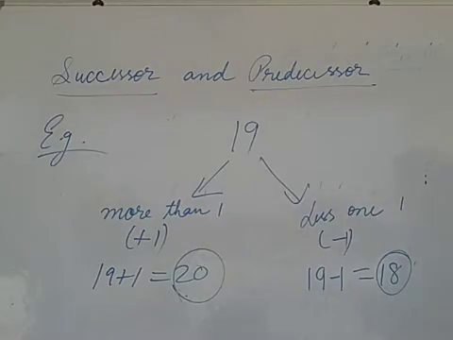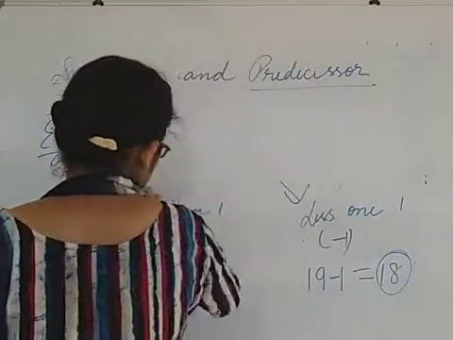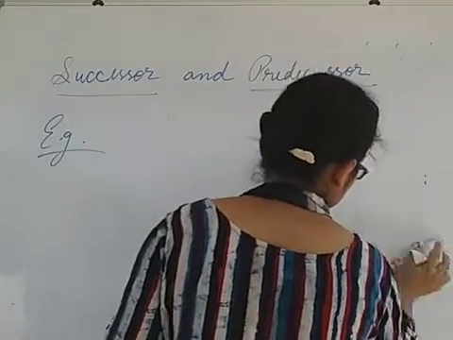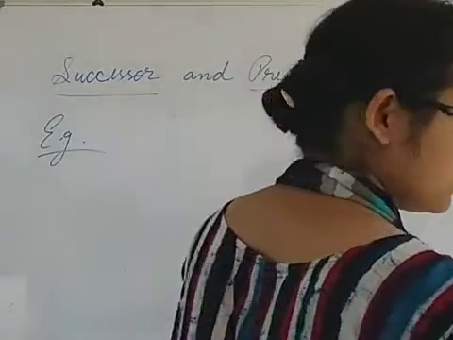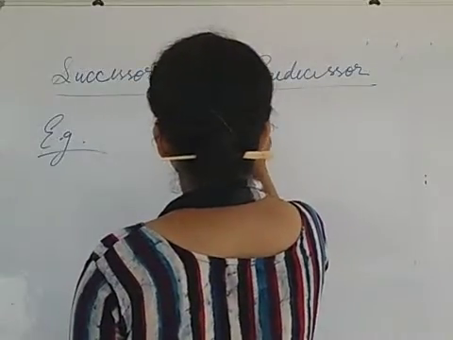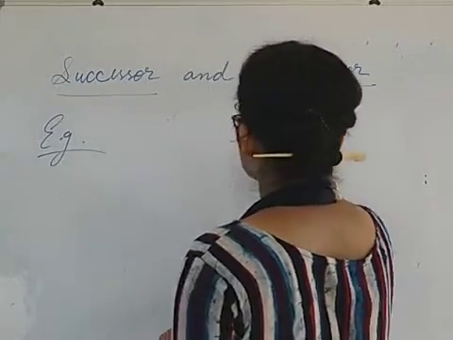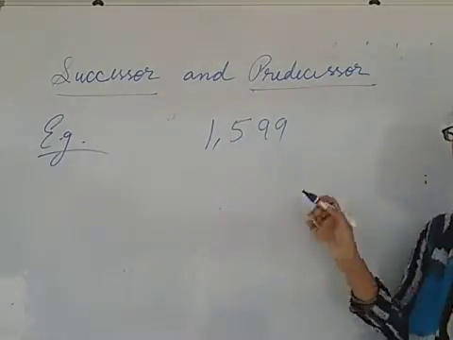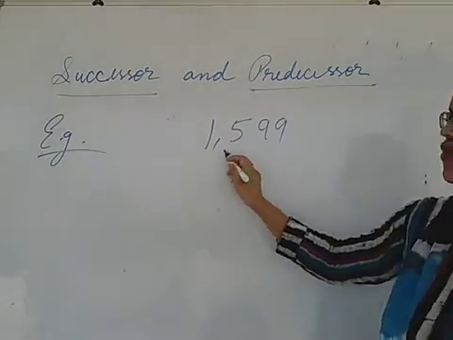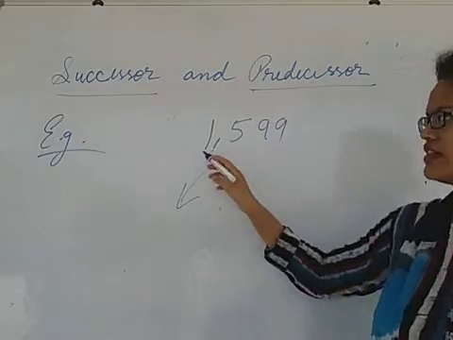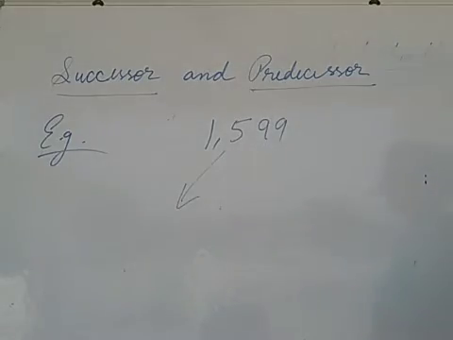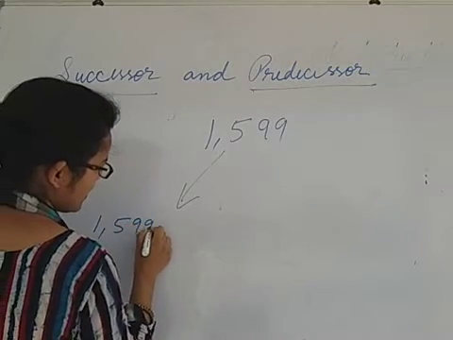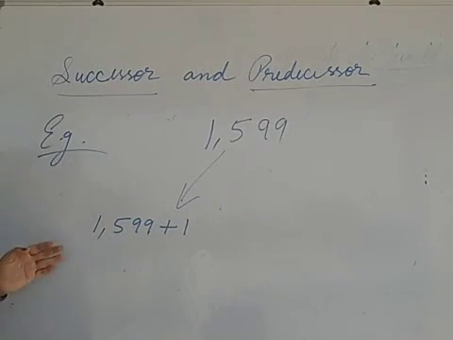Let us take one more example. 1599. So what is the successor of 1599? What I have told you? More than 1 in the number.